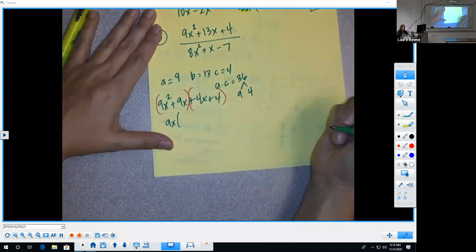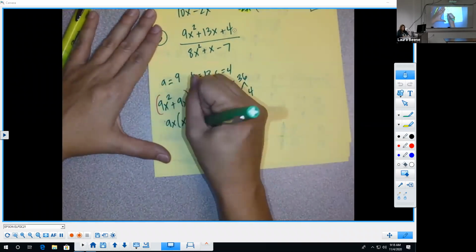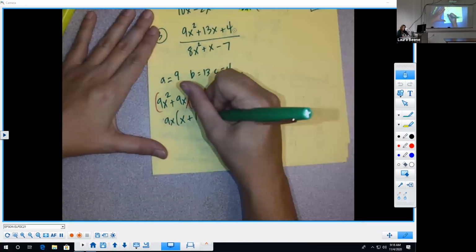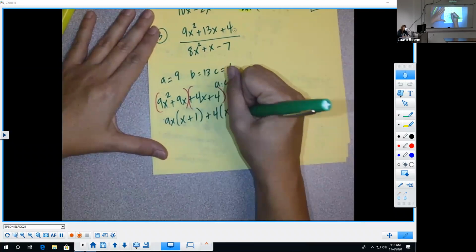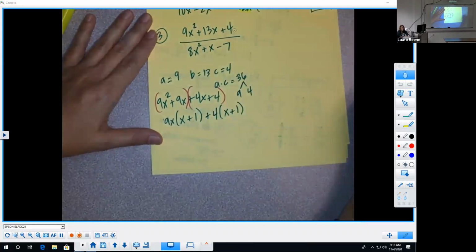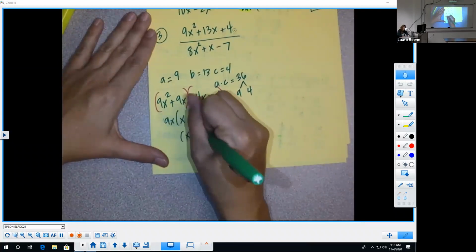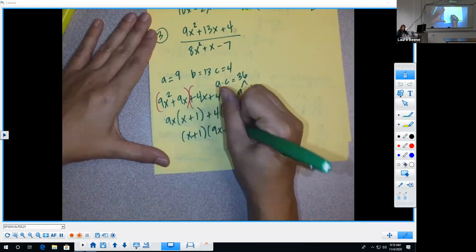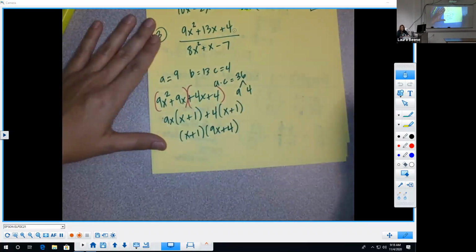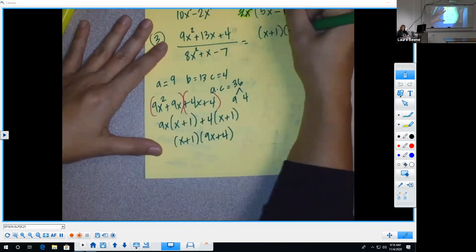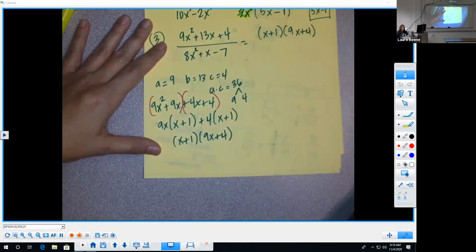When I take out a 9x, left over is x plus 1. 4x plus 4, what do they have in common? 4. When I take out a 4, left over is x plus 1. Now they have the x plus 1 in common, so I can pull out x plus 1. Left over is 9x plus 4. So the top factors into x plus 1 times 9x plus 4.